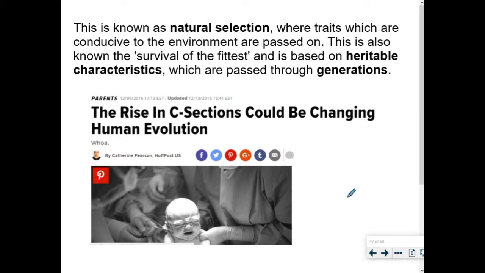And if you happen to be that one rare bunny that gets the recessive trait, and all of a sudden you live in northern Canada where it snows all the time, and you happen to be born a brown bunny, that sucks, doesn't it? Right? And that could happen because there's that 1 in 4 chance maybe that something could be born with a different hair color, right? Well, survival of the fittest basically says that there are heritable characteristics that are conducive to the environment.